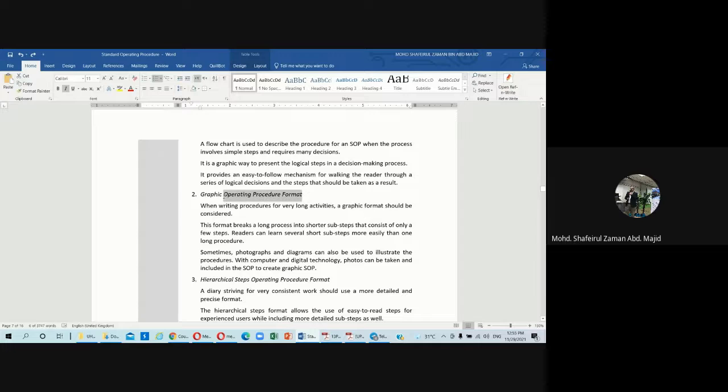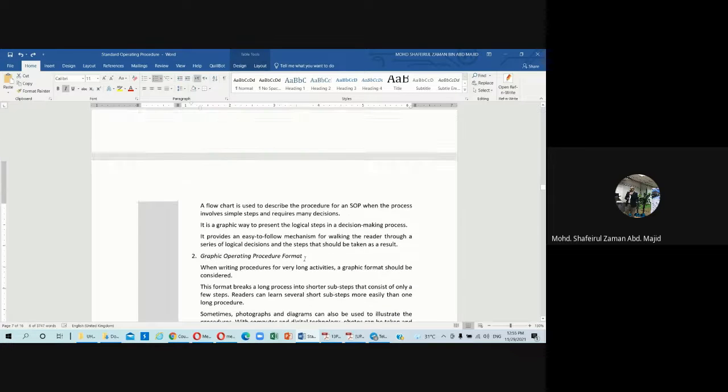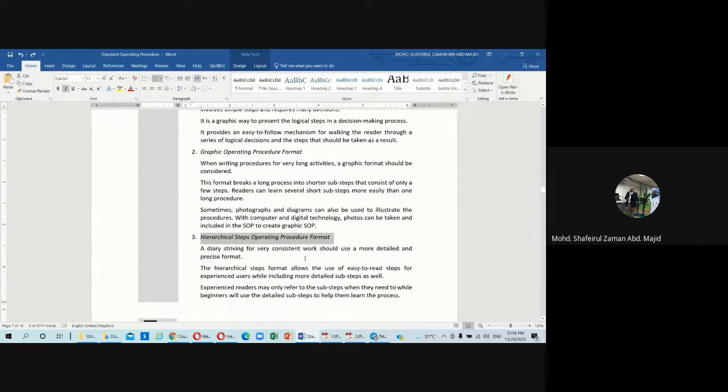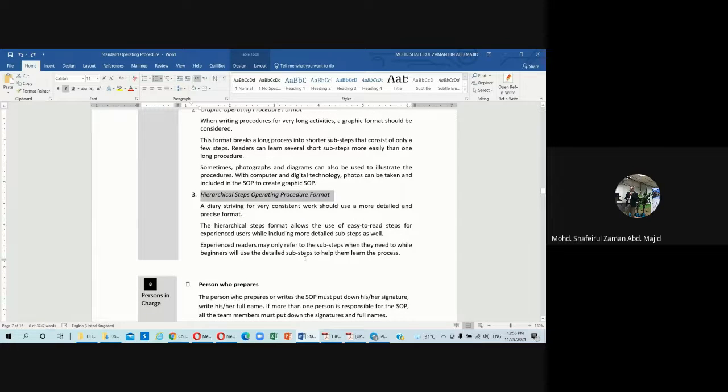Number 2, graphical SOP. And lastly, hierarchical SOP. So there are 3 kinds of it: flowchart, graphical, and hierarchical SOP. Okay, so just to let you know, normally for assessment 2, your next assessment, we are going to use graphical SOP. So take note about that.